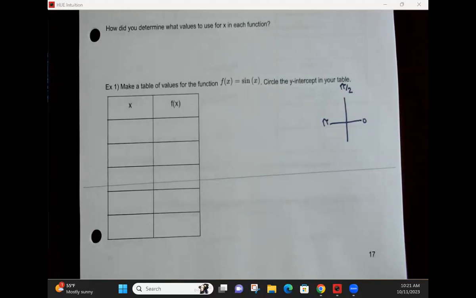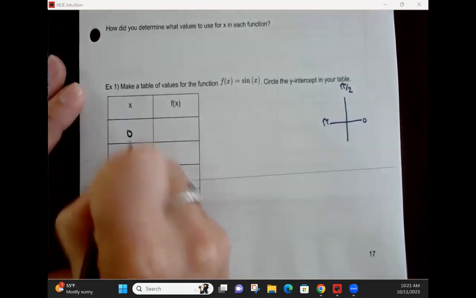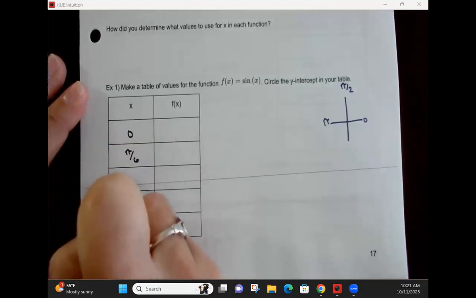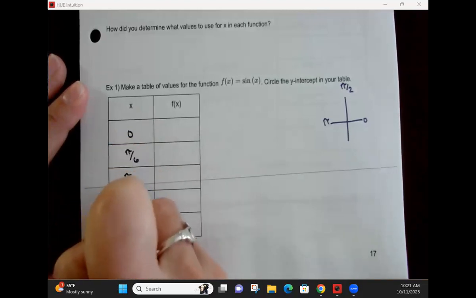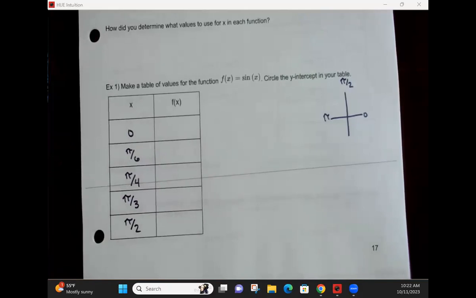But why, if I have this whole list of values that we've been working with that we know? So let's do some first quadrant values. Let's do 0. We'll do pi over 6, pi over 4, pi over 3, and pi over 2. We'll stick in that first quadrant for this first one.